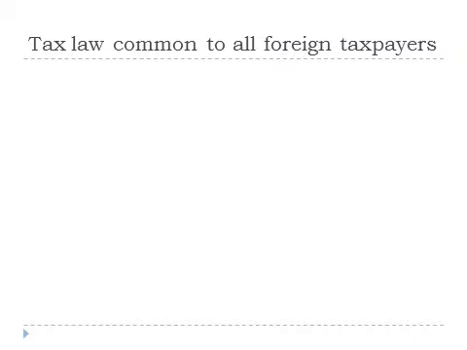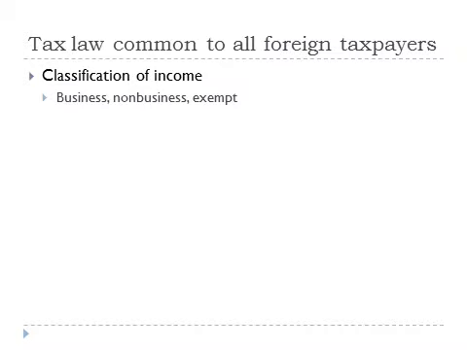Let us turn now to the substance of our study. First, we must understand the areas of tax law that are common to all foreign taxpayers. The first area of tax law is the classification of income as either business income, non-business income, or exempt income.